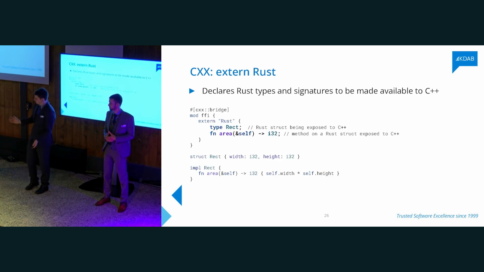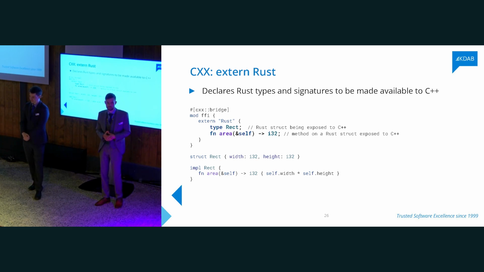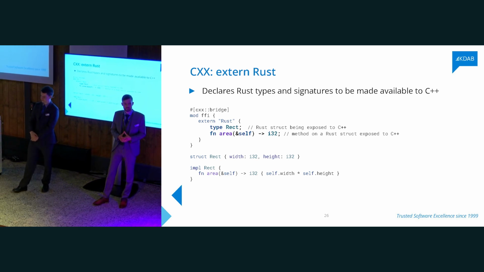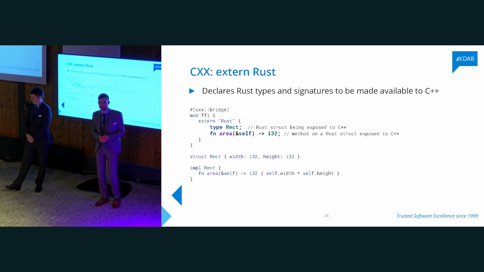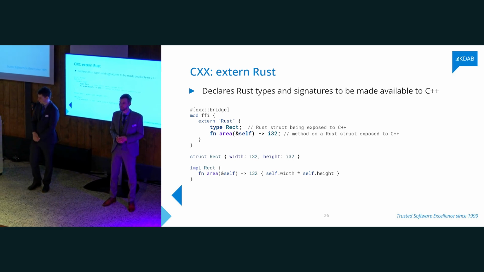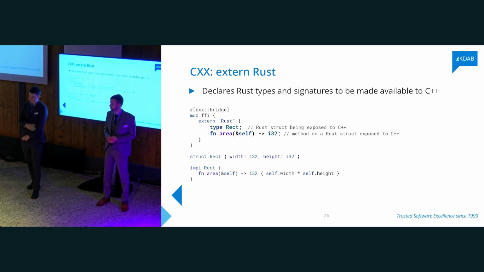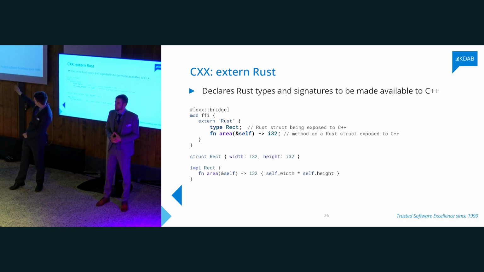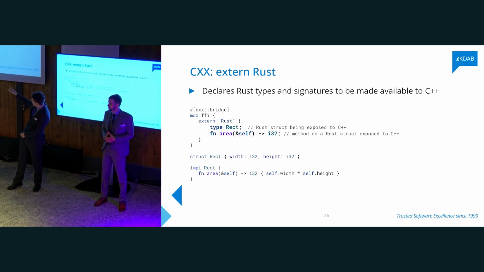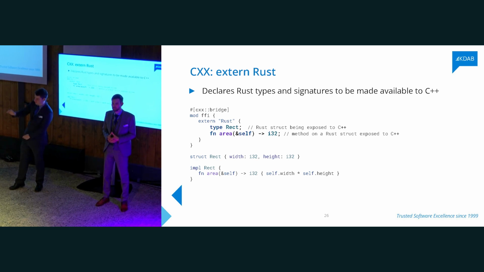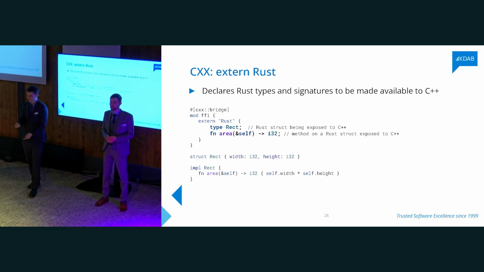And of course, CXX has the opposite direction as well. So you have an extern Rust block. And this is for declaring Rust types and signatures to be made available to C++. Again, we have the bridge, and we have a type and a method. And this would expose that struct through to C++, and it would appear like a normal class in C++.